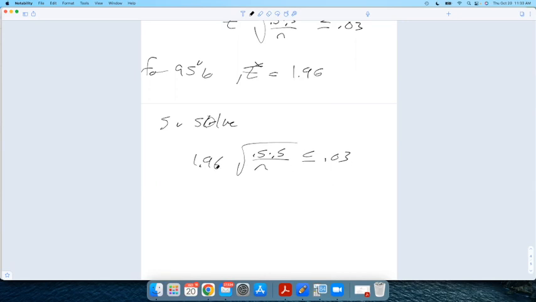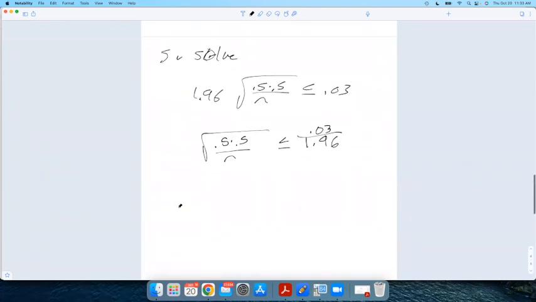So how would we solve this? First, I would want to get rid of that 1.96, so divide it over. Now, how do I get rid of a square root? I square both sides.